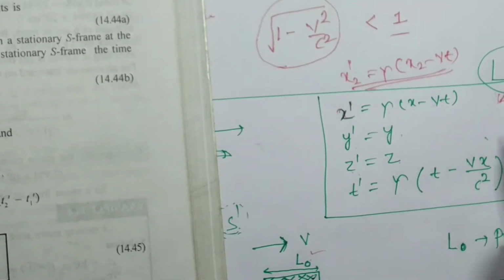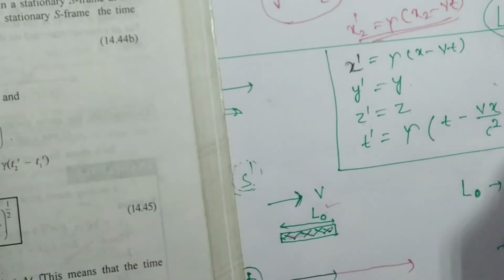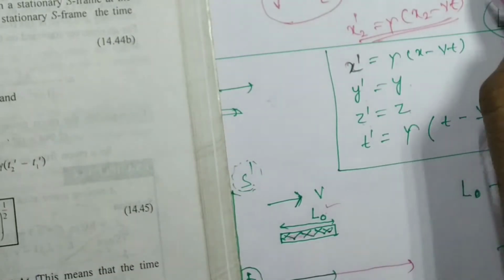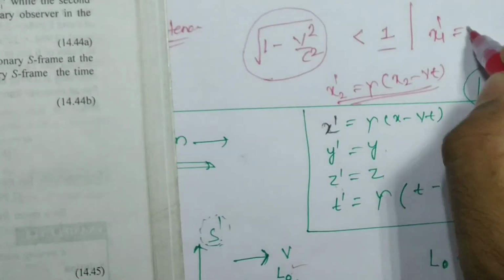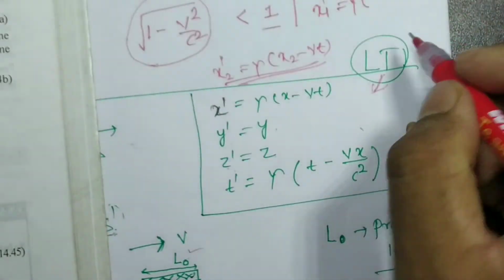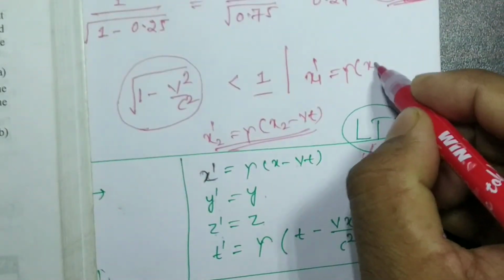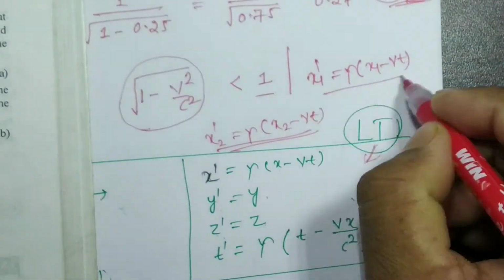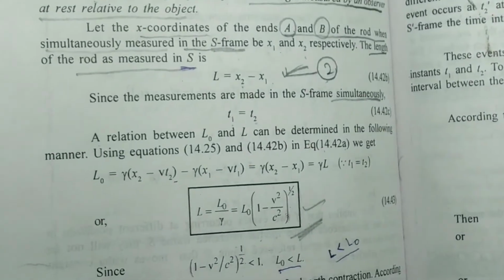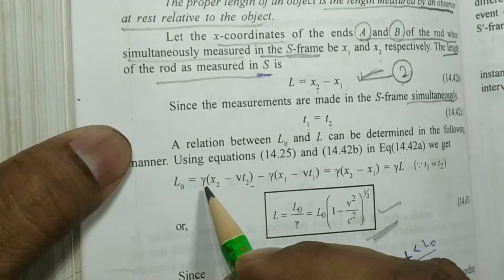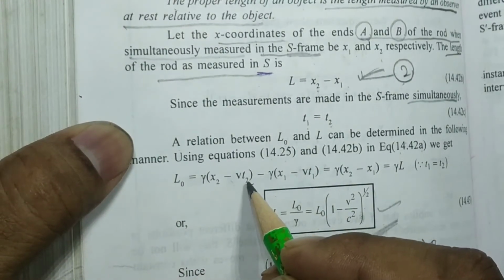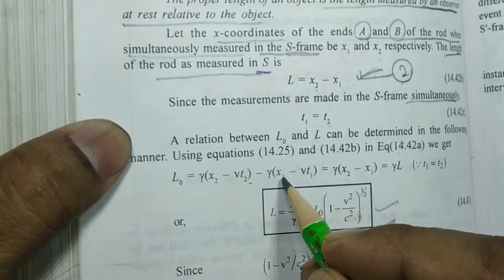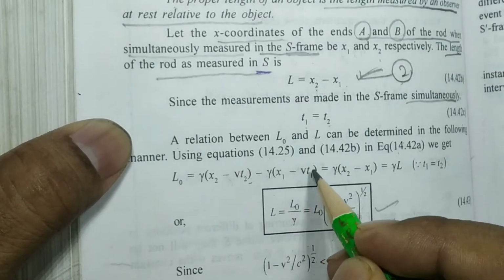And x1 dash similarly will be equal to gamma into (x1 minus Vt). So we have to put this in the equation. So L0 will be equal to gamma (x2 minus Vt2) minus gamma (x1 minus Vt1).